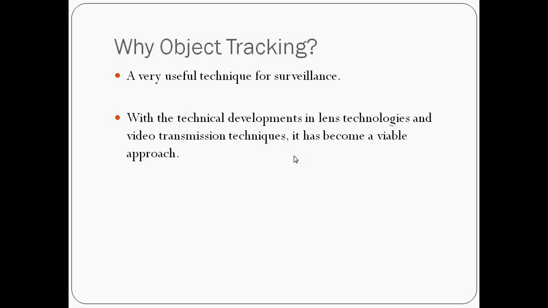Henceforth, instead of a still image tracking algorithm, where you have a large sequence of images and need to look at one at a time, you can have real-time tracking using video capture.